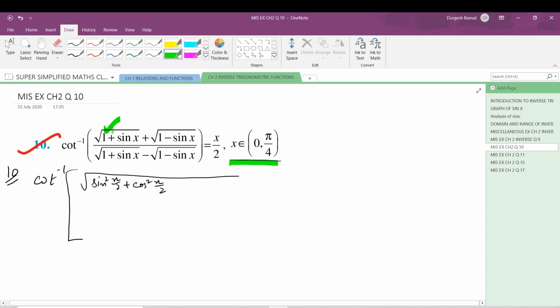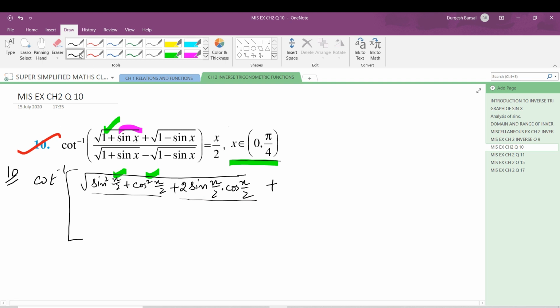Also, this sin x can be written as 2 sin x by 2 into cos x by 2. So the first bracket, root of 1 plus sin x, has been written in this form: sin square x by 2 plus cos square x by 2 is 1, and 2 sin x by 2 cos x by 2 is sin x.